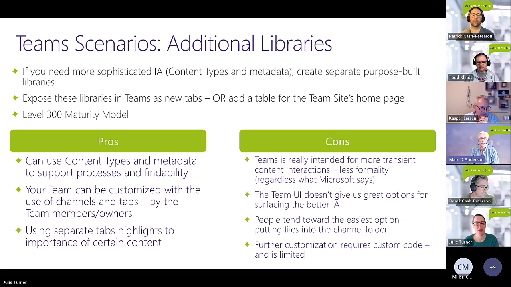Well, you can use content types and metadata to support both processes, like what stage is this contract in, unsigned, signed, signed off, whatever. And also findability, if you wanted to search for contracts across different team sites. Your team can be customized by the members and owners by adding new tabs. That's good. That makes it simple.